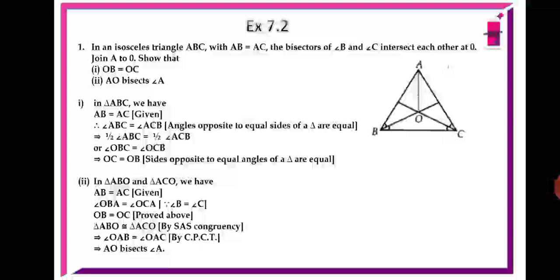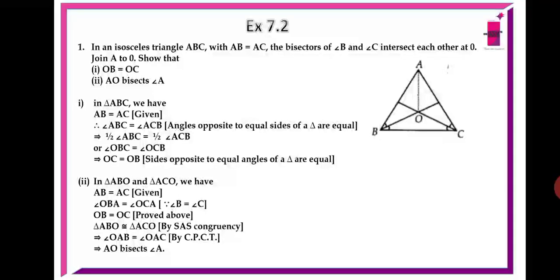Therefore, triangle ABO is congruent to triangle ACO by side angle side congruency. Therefore, angle OAB equal to angle OAC by CPCT. CPCT means corresponding parts of congruent triangles. Therefore, we can say that AO bisects angle A.